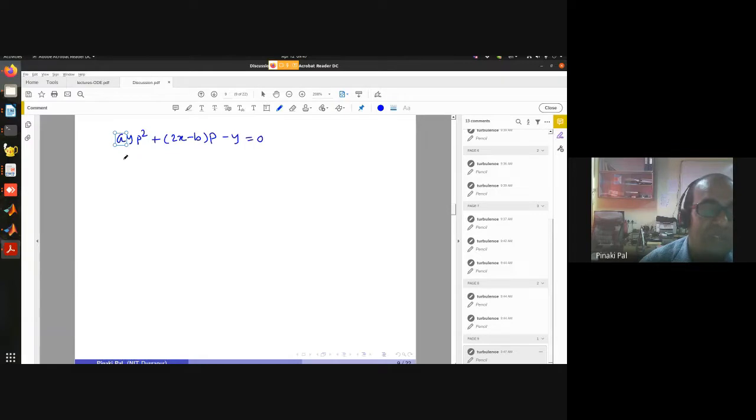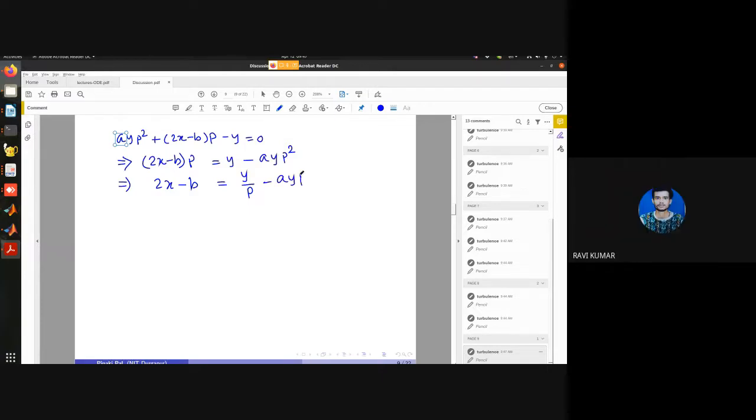Now you see, it is solvable for x. You can check it. 2x minus b is equal to y minus a y p square, and this implies 2x minus b is equal to y by p minus a y p, since one p is cancelled.